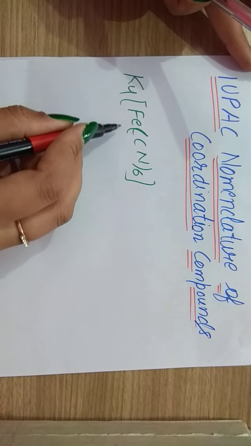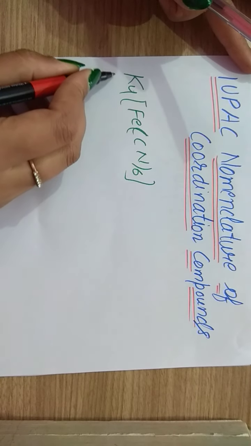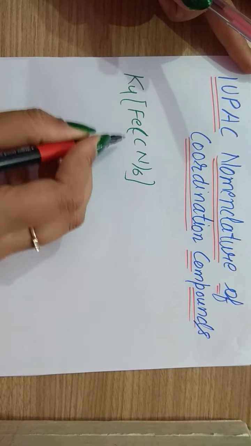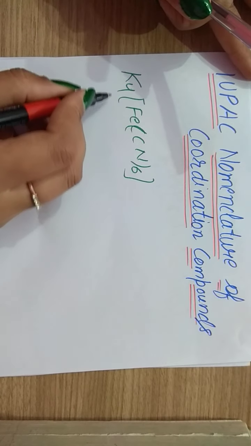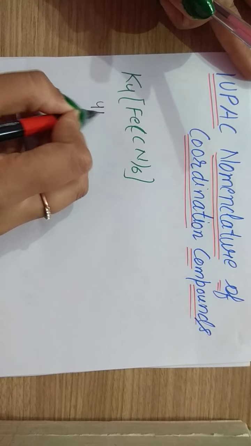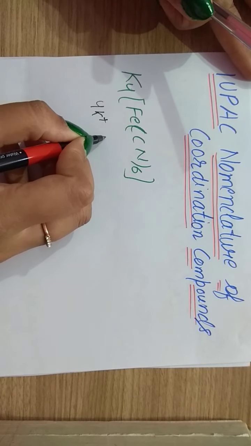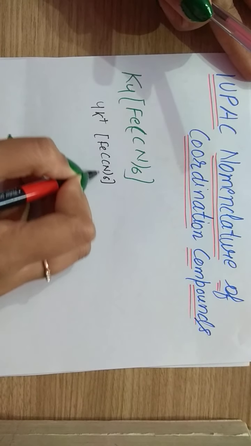In order to name it, we will see which part of this compound is the cation and which part is the anion. For this we dissociate it in aqueous solution and find there are 4 K positive ions and one anion part.